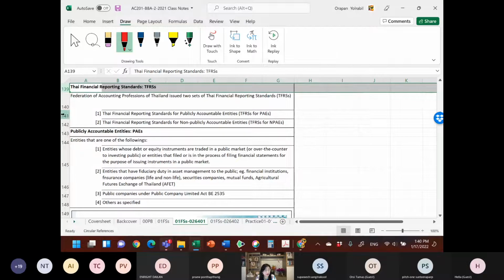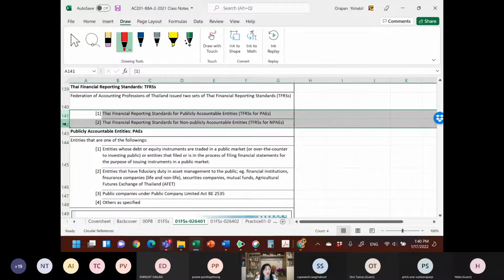And over here we have two different sets of the accounting standard. The first one is called the TFRS for PAEs, which is Thai Financial Reporting Standards for publicly accountable entities. And then we have another set, which is a smaller set, which is TFRS for NPAEs, Thai Financial Reporting Standards for non-publicly accountable entities.